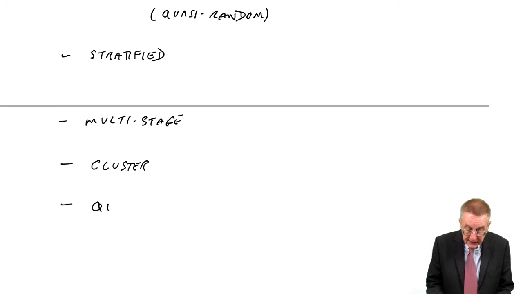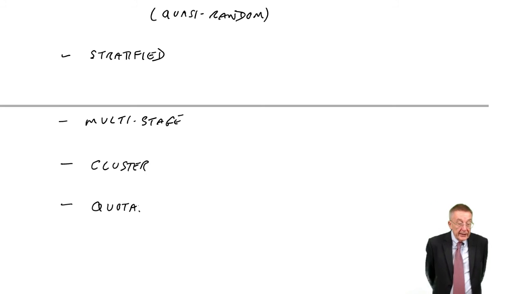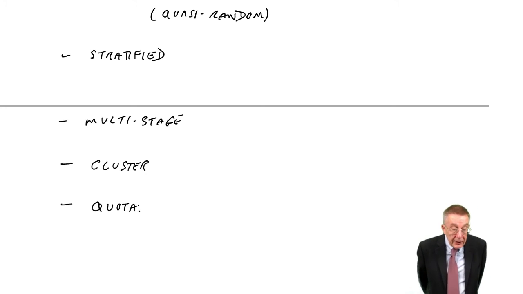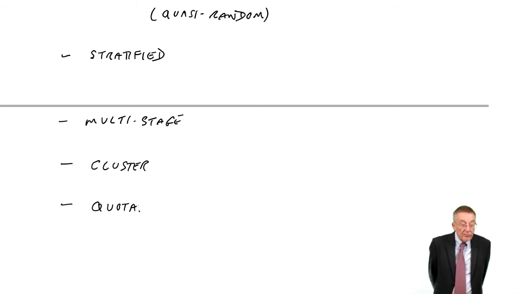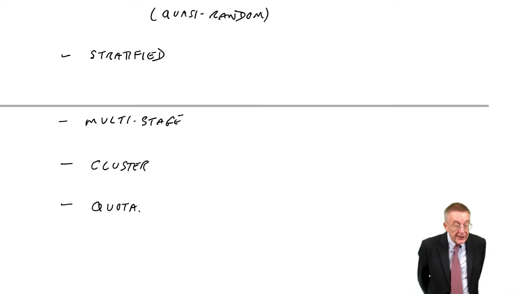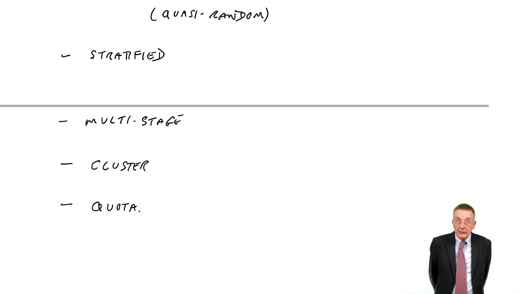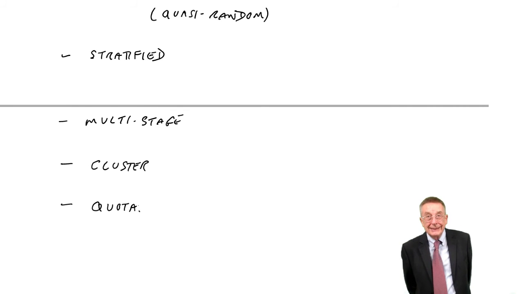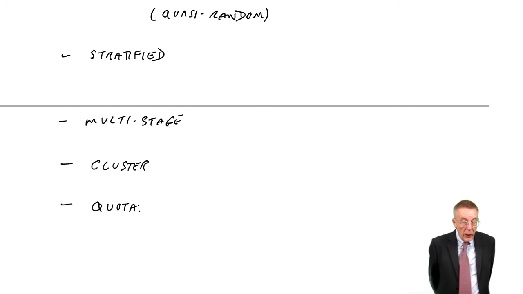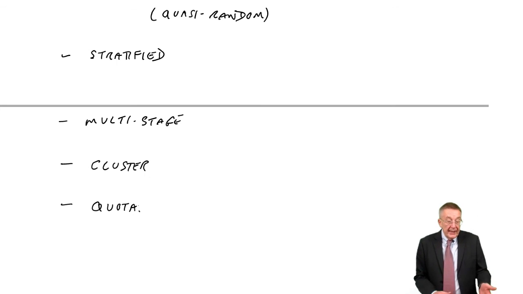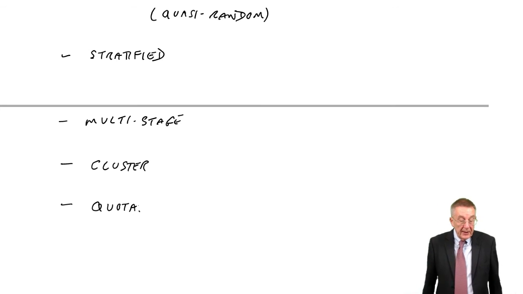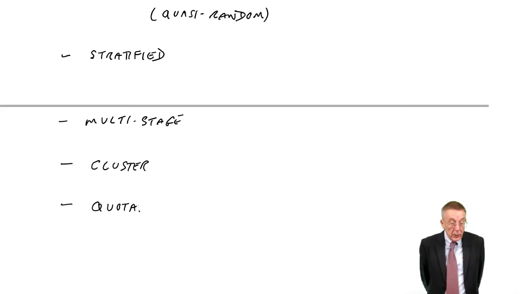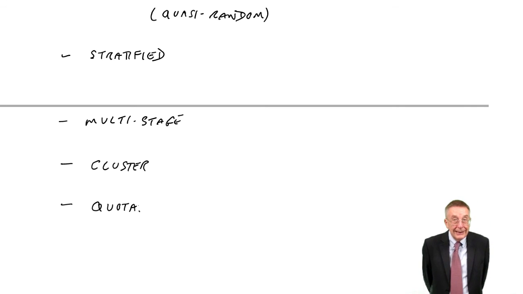Finally, quota sampling. Again, not random at all. And see the difference from stratified. It says, suppose the population is 60% women and 40% men, and we want to question a sample of 200. Well, that means if we want the 60%, 40% split, it means having 120 women and 80 men.